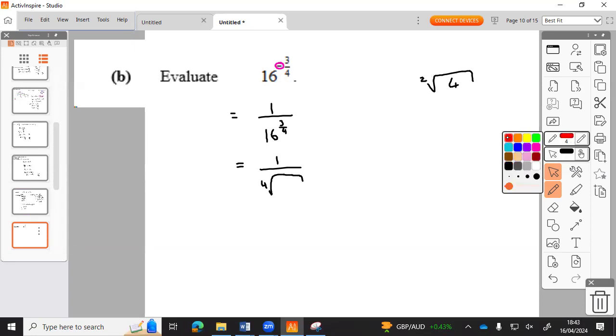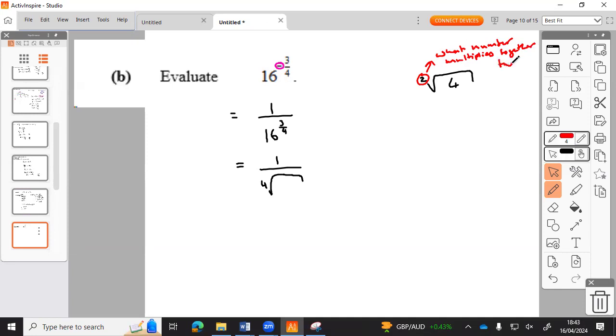And what that is, the standard way, is just what number multiplies together twice.